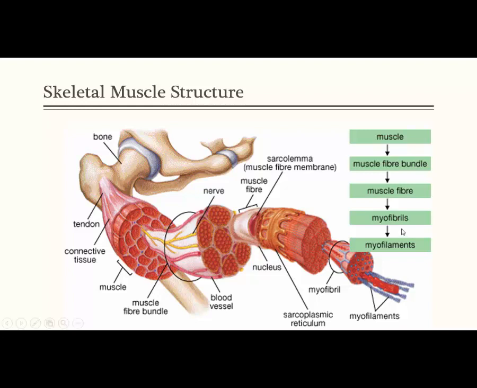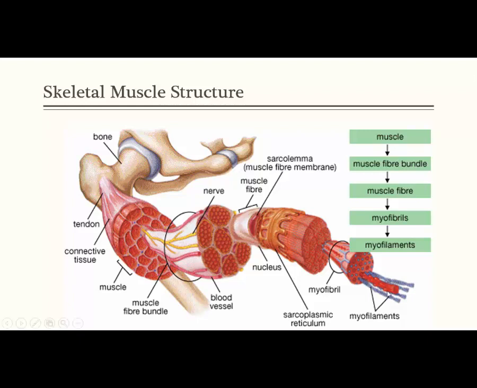So here is a diagram showing these progressively more detailed subunits. At the smallest level, we have what we would call a myofibril, which contains myofilaments of actin and myosin, and we'll talk more about those in a minute.